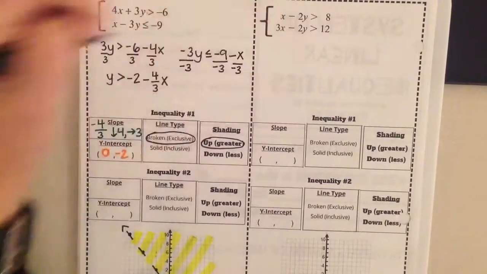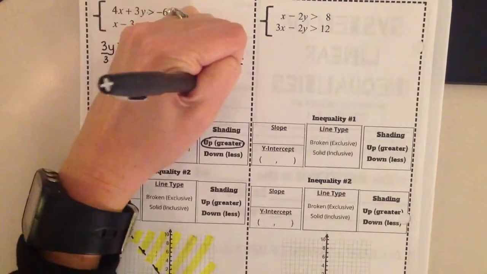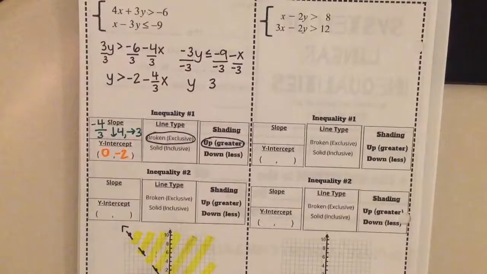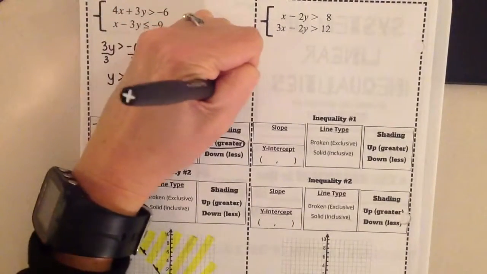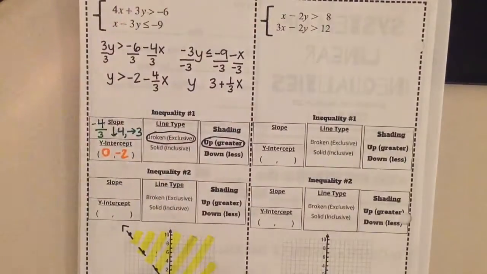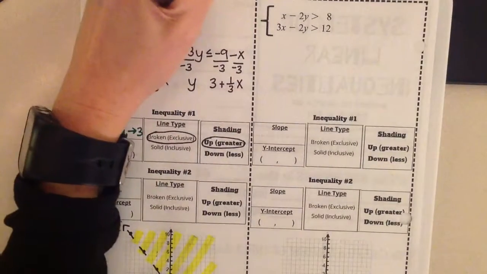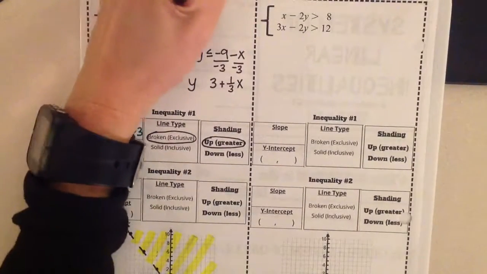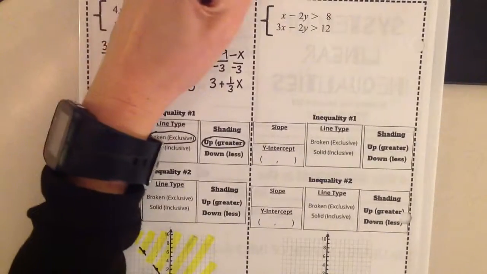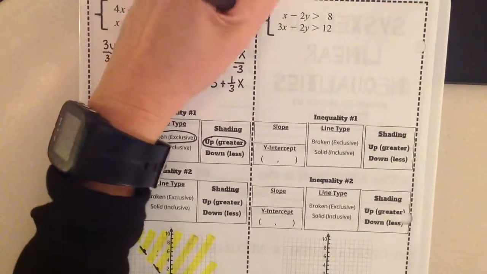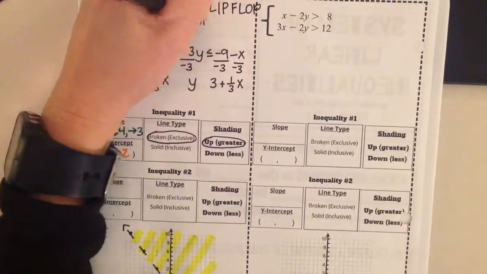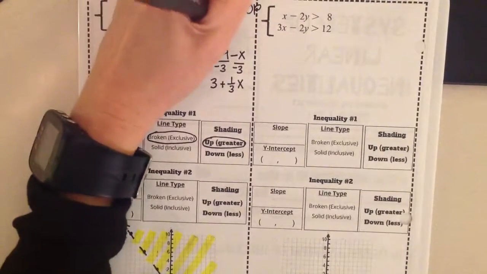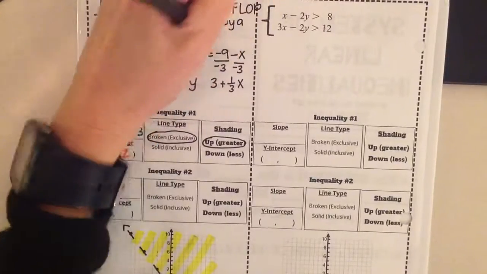all the way across. So I'm going to have y is equal, I'm going to leave a space, and I'm going to go finish out my division. So I'm going to have 3 plus 1/3 x, and remember, you are going to need to remember the flip-flop. That is one thing that is different with our inequalities and our equals, and that is if you divide by a negative.